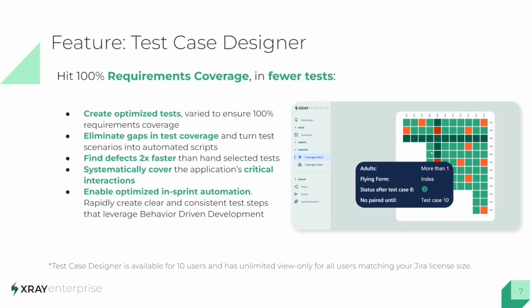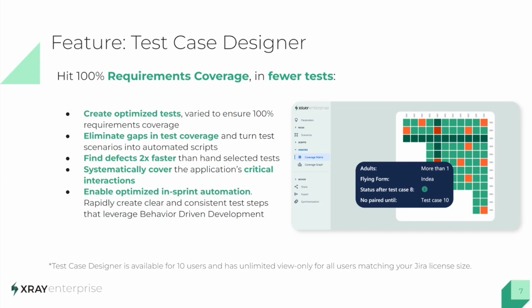So the test case designer, as I mentioned, is a new way for you to reach your 100% requirements coverage in fewer tests. This process will compute all of your, what I call, workbench of tests on your ideas and create optimized tests.